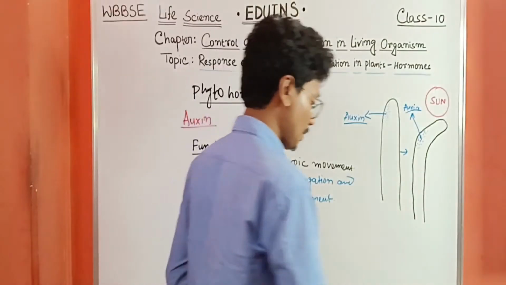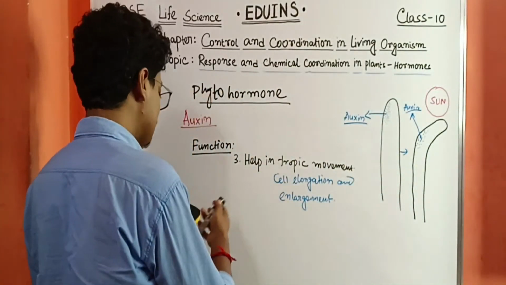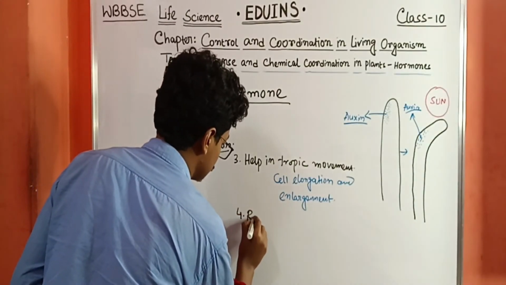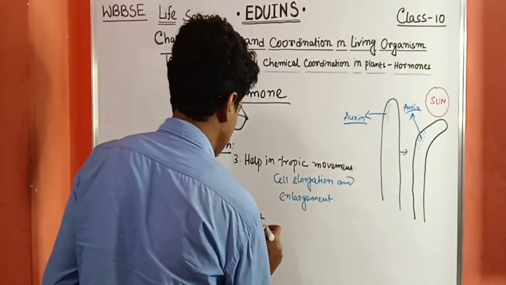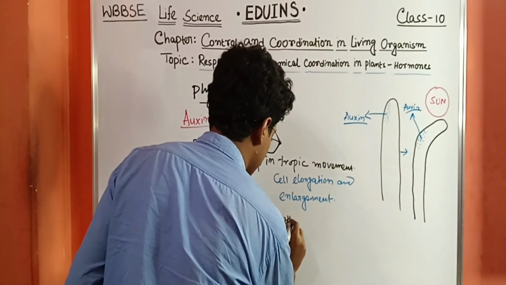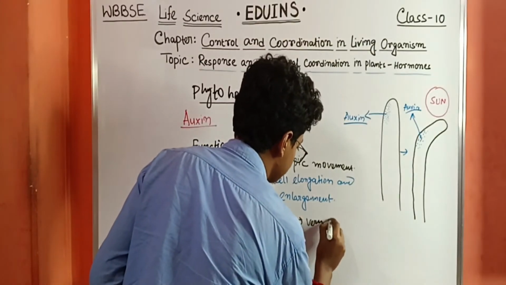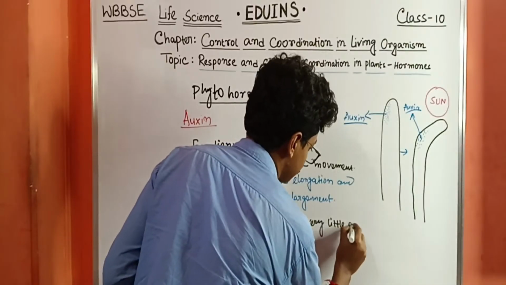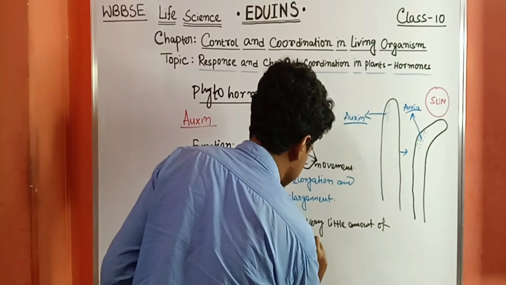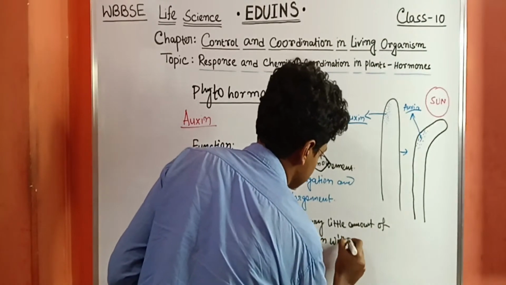Another thing, that is the root. In case of root growth, a very little amount of auxin is required.